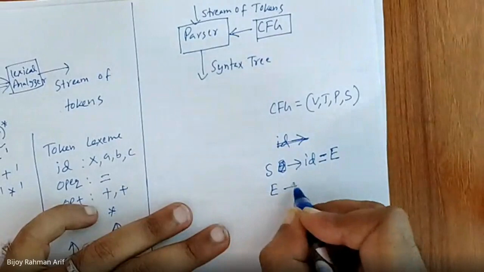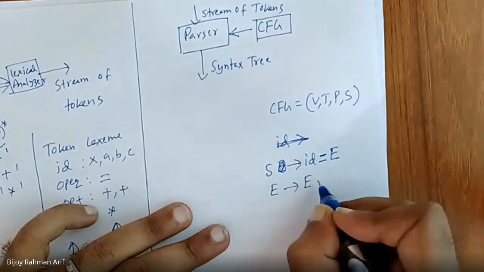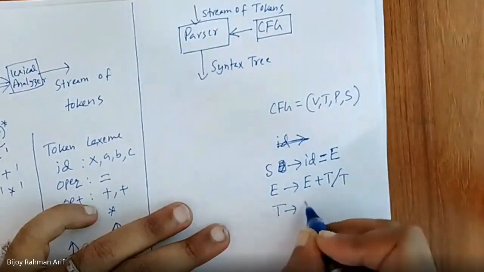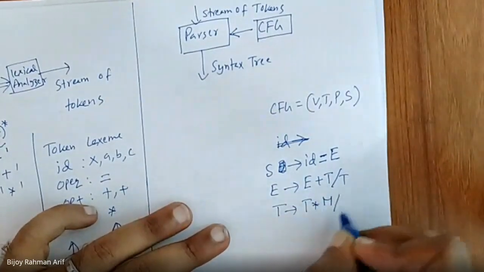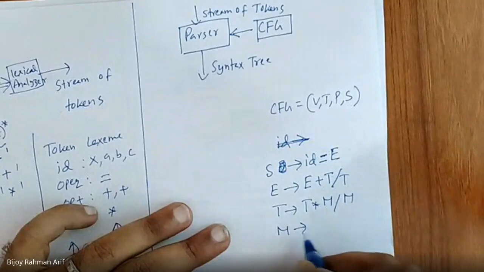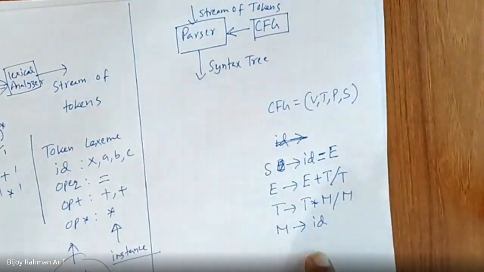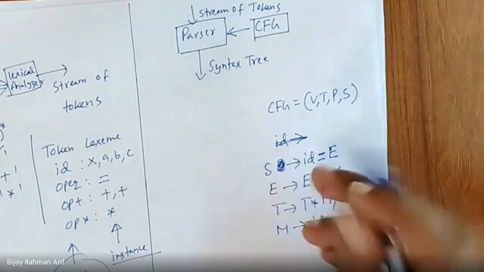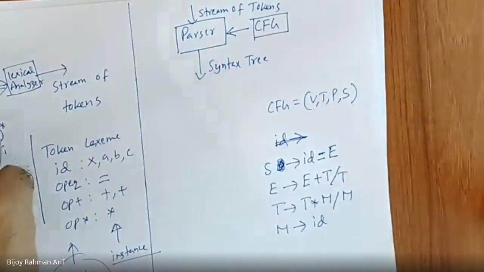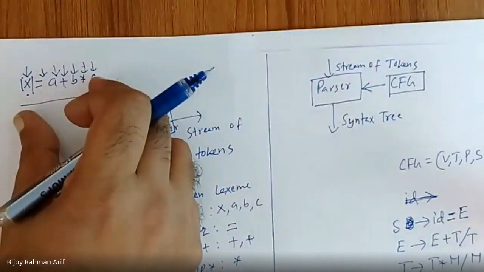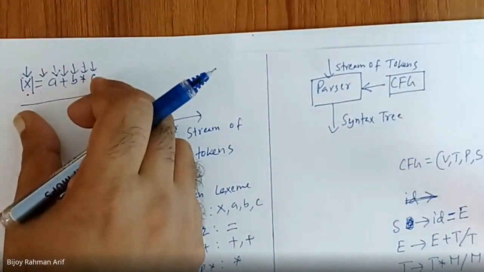Expression is nothing but expression plus term, or term. Term is nothing but term star M, or M. M is nothing but ID. Right now, just remember this is the correct grammar for parsing this statement or expression.